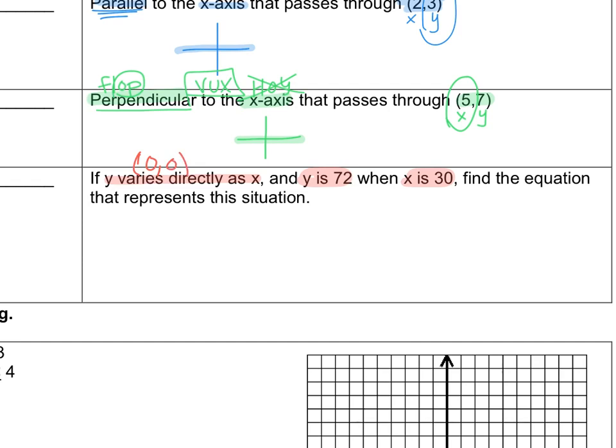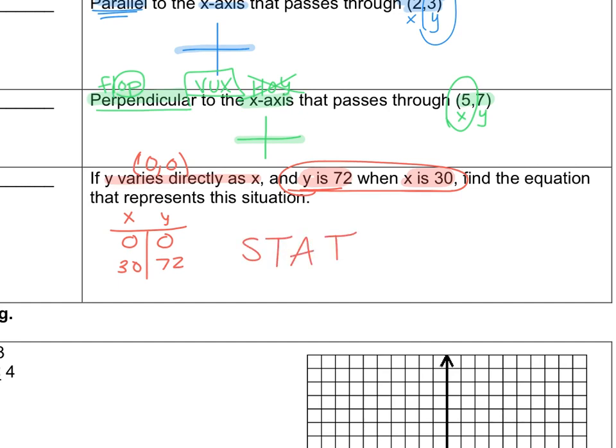So I've got 0, 0 already in my table. Then I've also got an x and a y value that are going together. So y is 72, so it goes in the y part, and x is 30, so I have the point 30, 72. So I'm going to put that in stat to find that equation.